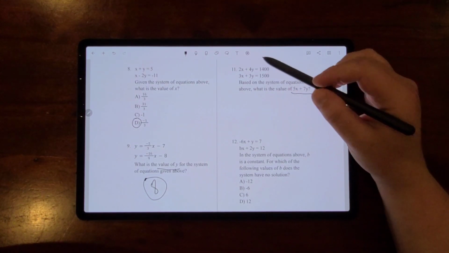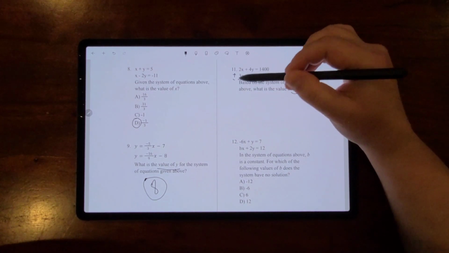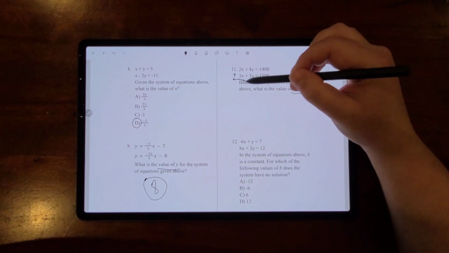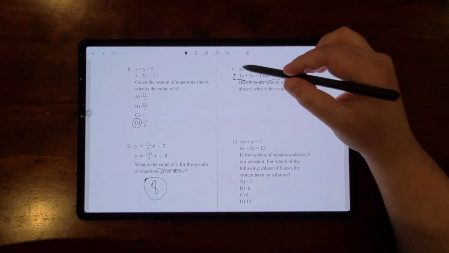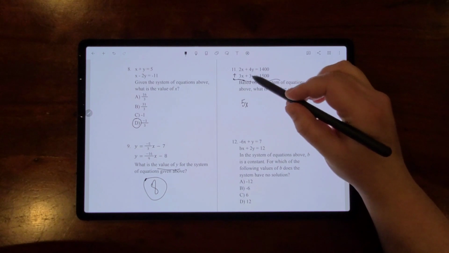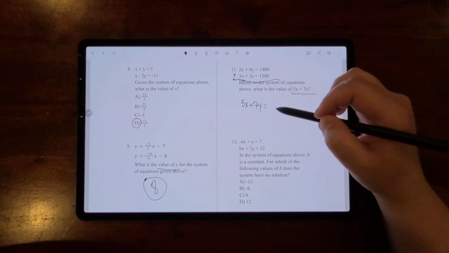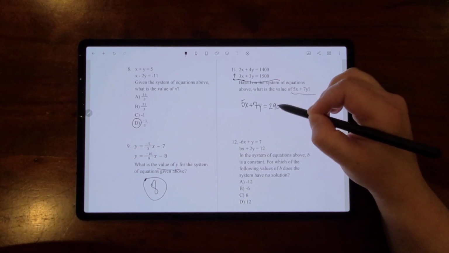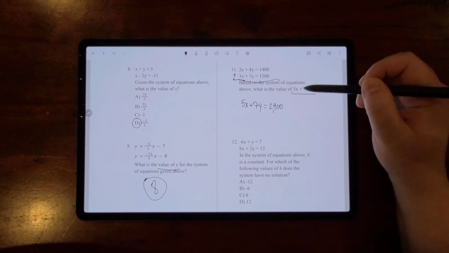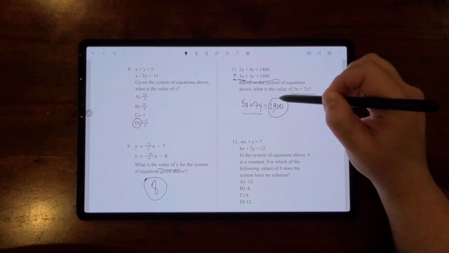Or right away from looking at this, I see if I add these up, I'm going to get 5x plus 7y. So 2x plus 3x is going to be 5x, and 4y plus 3y is going to be 7y. Then if I add these up, I get 2,900. And you see now I have 5x plus 7y equals this. So that's my answer.